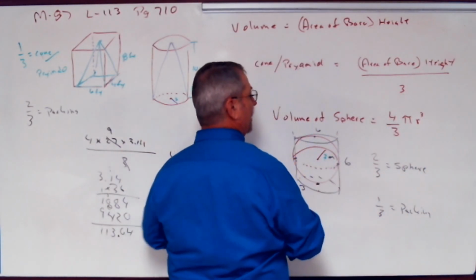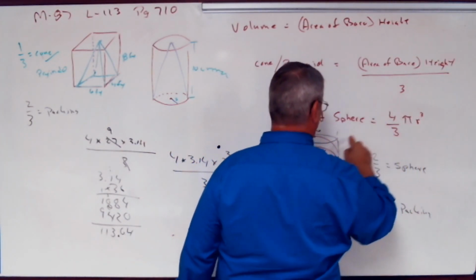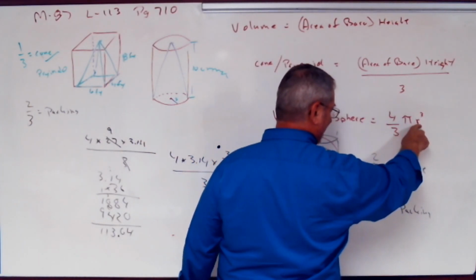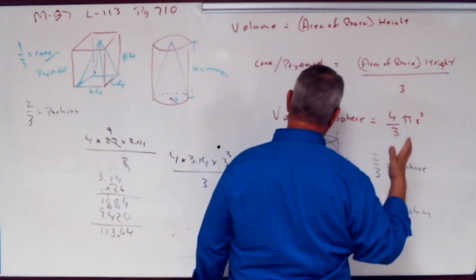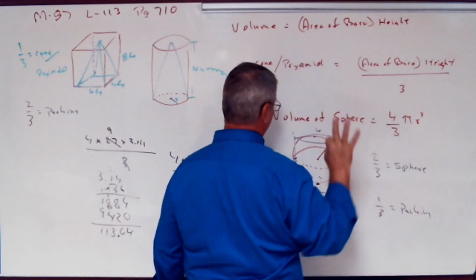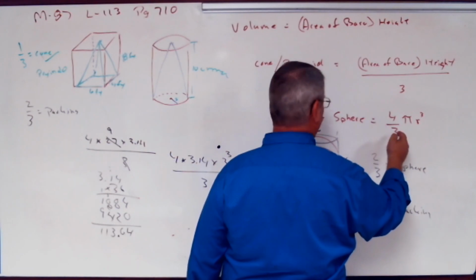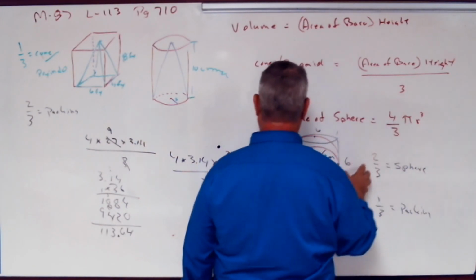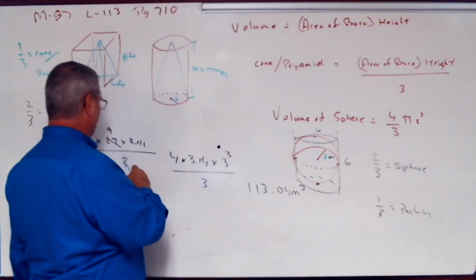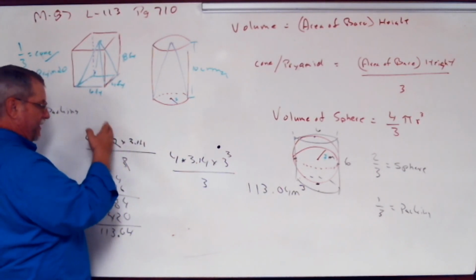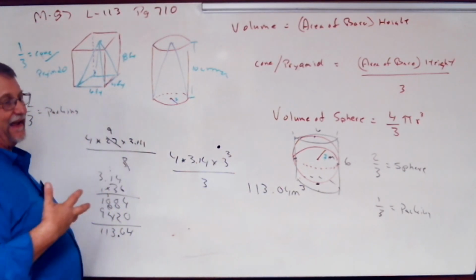A sphere, you just put the radius into that right there. Cube it, not times 3, times itself 3 times. Times 3.14, times 4 divided by 3. If you can cross-cancel that 3 top and bottom, do so before you start. It makes life easier.